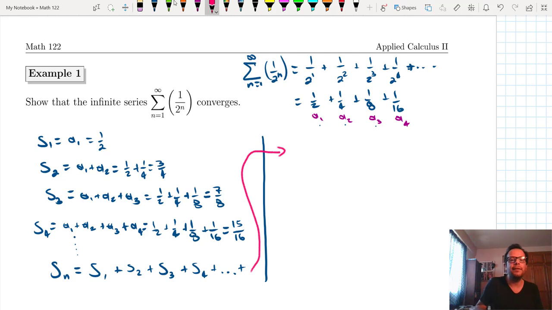So let's write down what we got for S1, S2, S3, S4. For Sn we will try to find a general rule here.